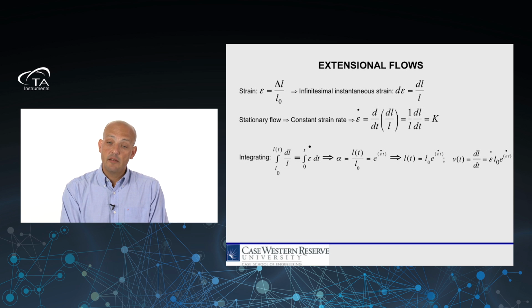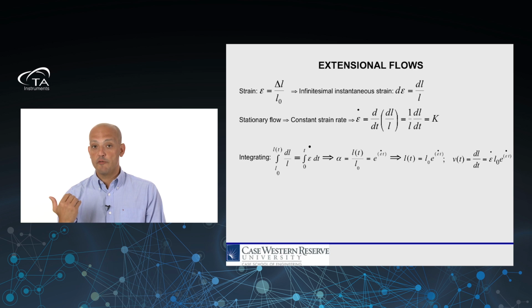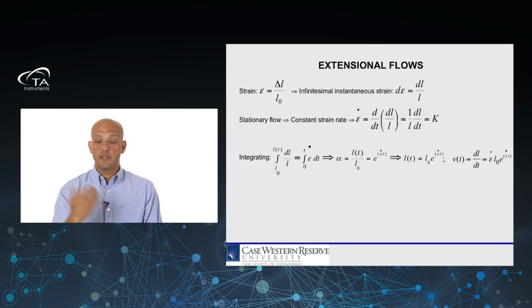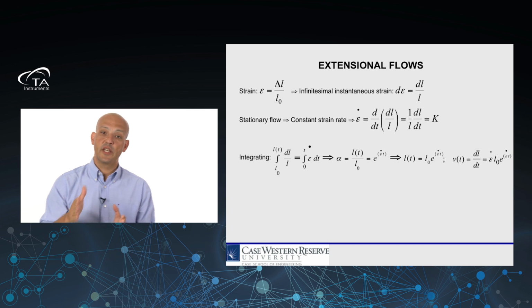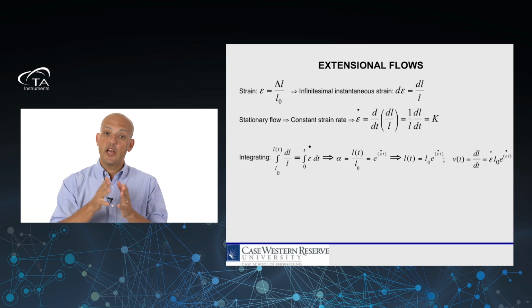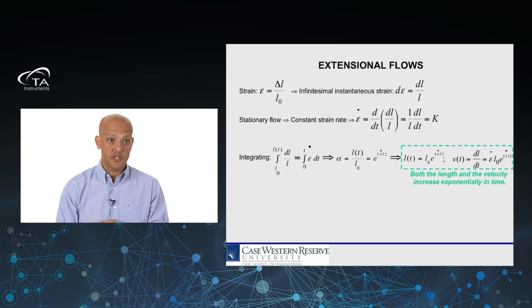Now the velocity is the time derivative of the length. But the derivative of an exponential is still an exponential. So not only the length needs to increase exponentially for one to have a constant strain rate measurement, but the separation velocity also needs to increase exponentially.